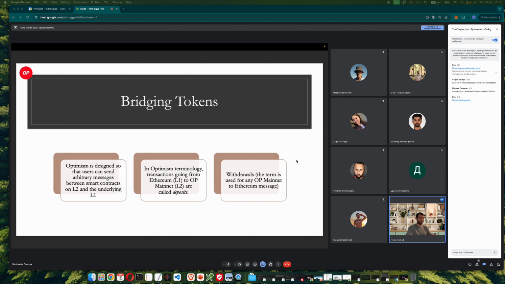A transaction that is moving funds from layer 1 to layer 2 is called a deposit according to the Optimism protocol, and withdrawals in reverse is the term that is used when you move tokens from Optimism mainnet to Ethereum.